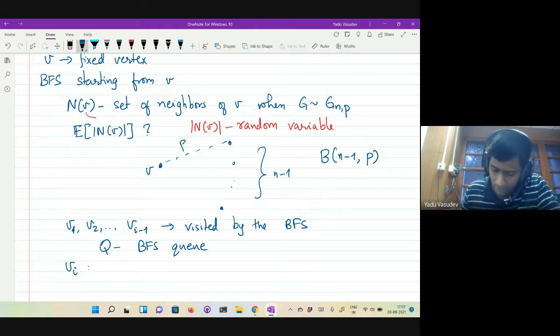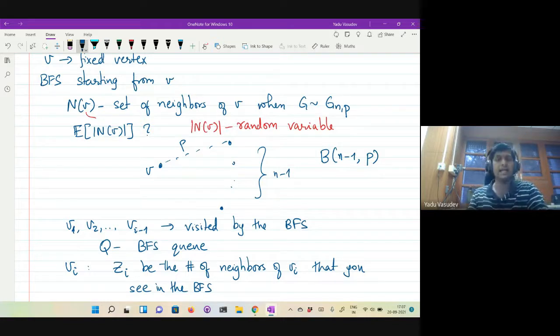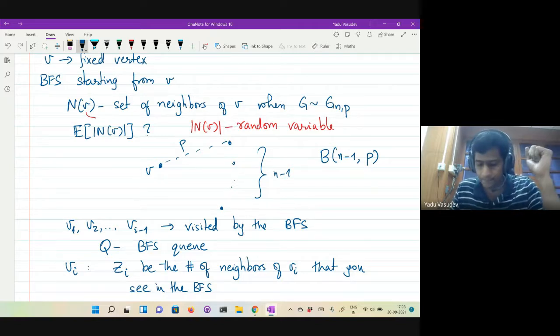Now let Zi be the number of neighbors of Vi that you see in the BFS. The reason is that Zi might not contain all the neighbors. Some of the neighbors of Vi might have already been visited in the previous rounds of the BFS, so you might not see all the neighbors of Vi at this stage.